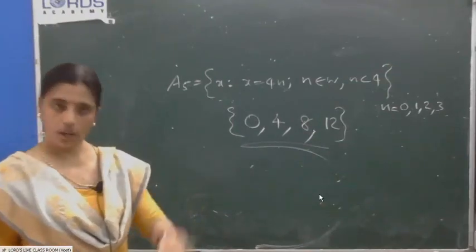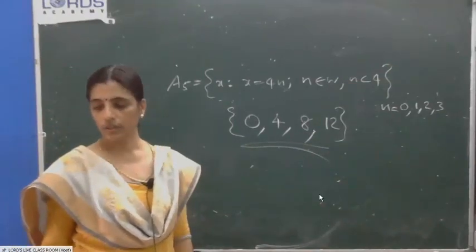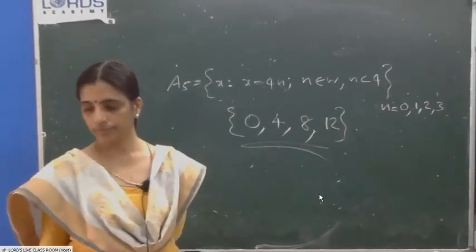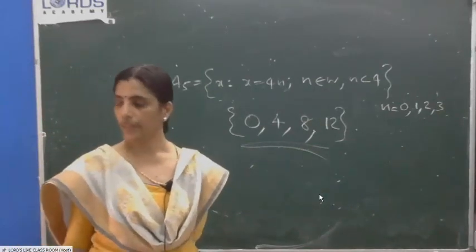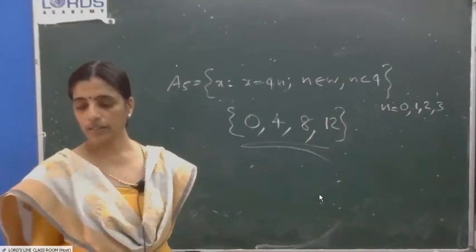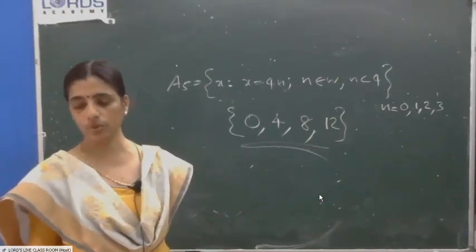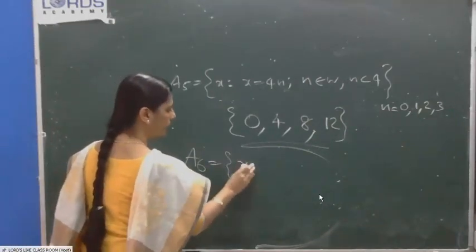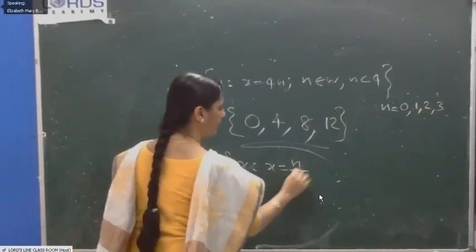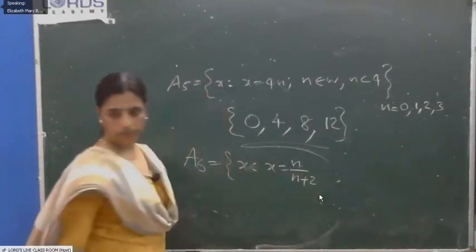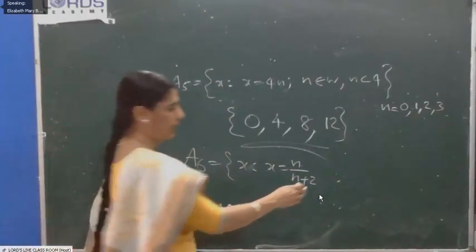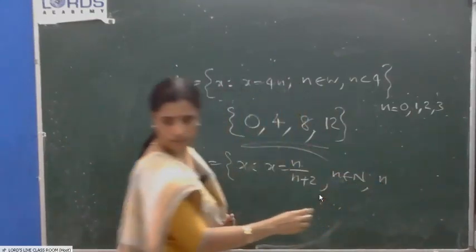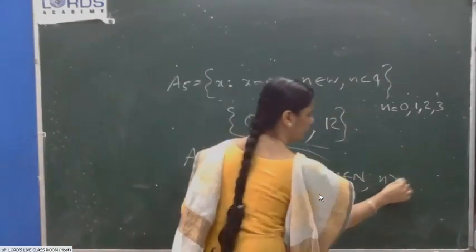Next, A6. All of you write the answer, A6. X such that X is equal to n by n plus 2, where n belongs to N and n greater than 5.